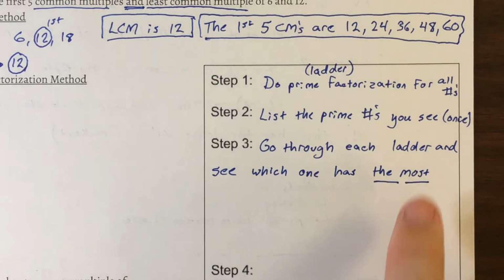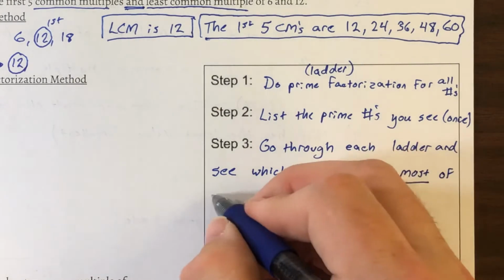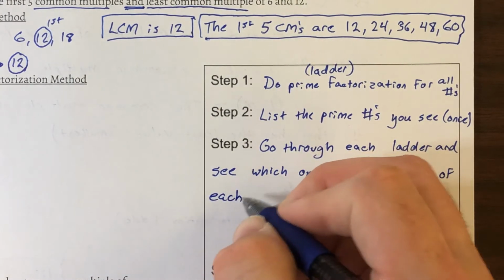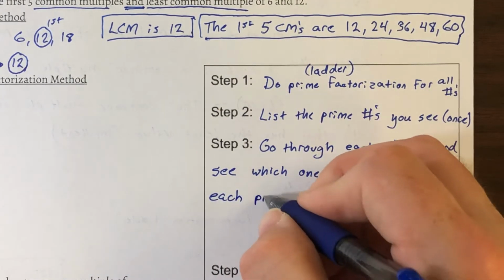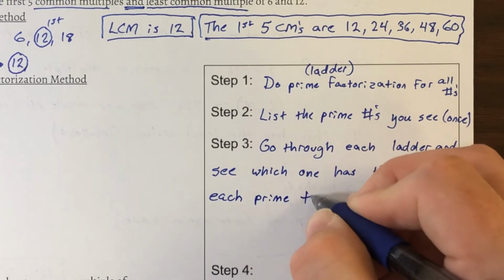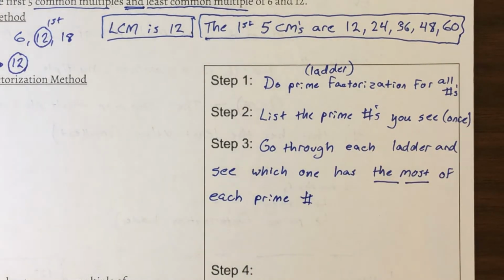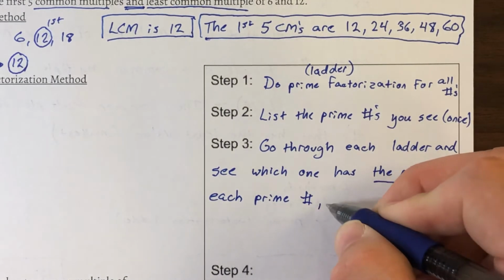Again, see which one has the most, that's important, of each prime number. So go through each ladder and see which one has the most of each prime number that you saw earlier. And you're going to write down however many you saw in that ladder.